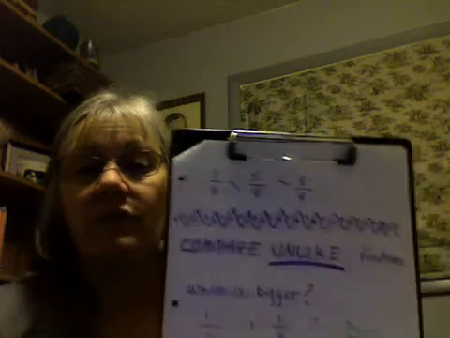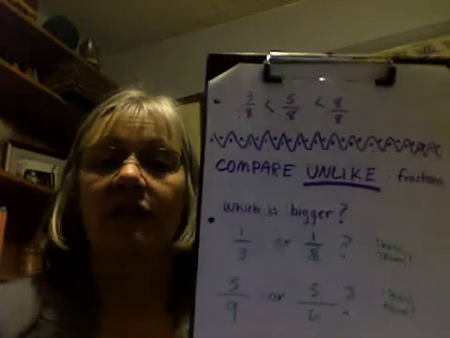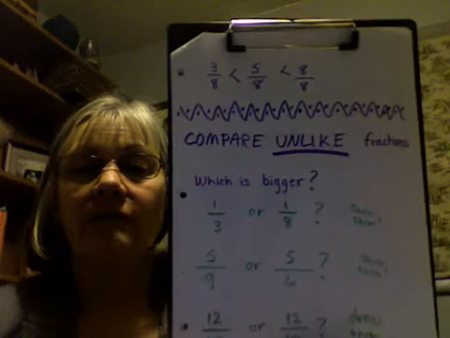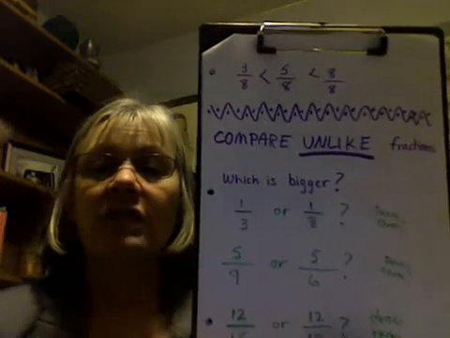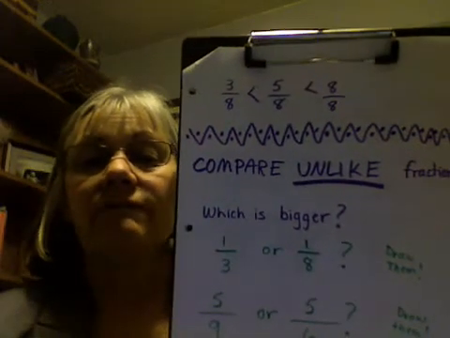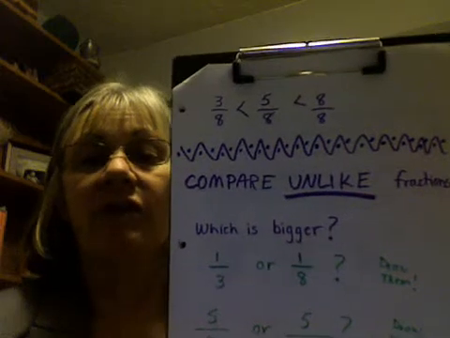That puts those three in order. That works great with like fractions because they have the same denominator, and we can just tell visually that the number in the numerator tells us how much of the whole there is.